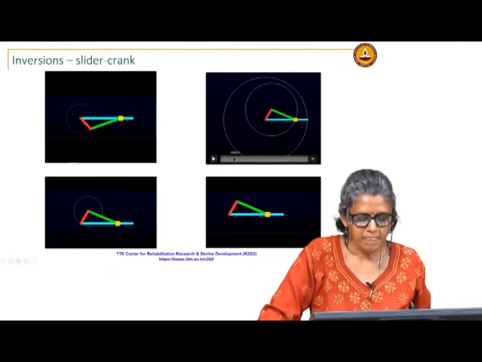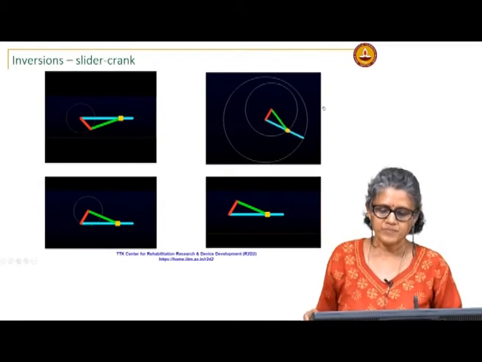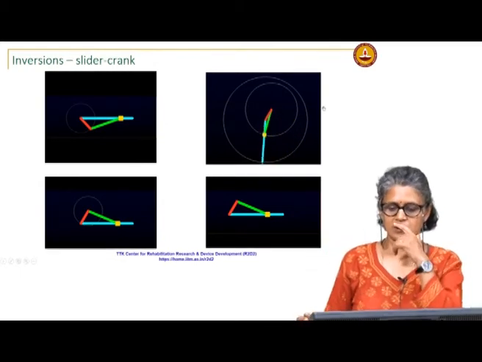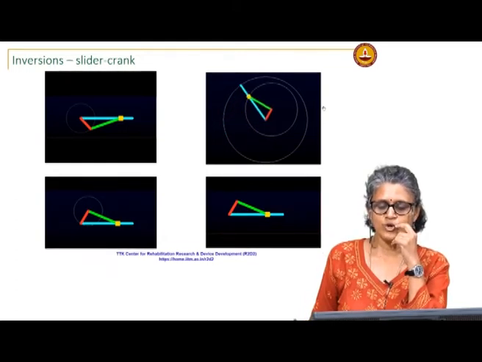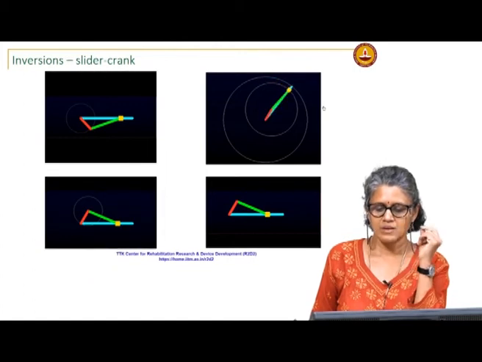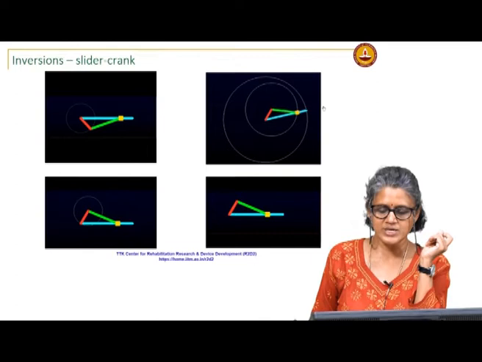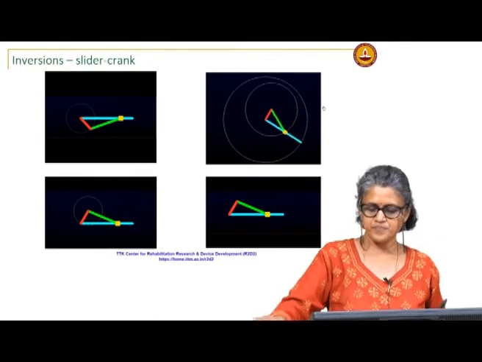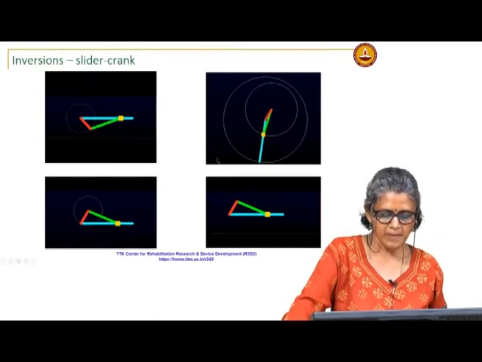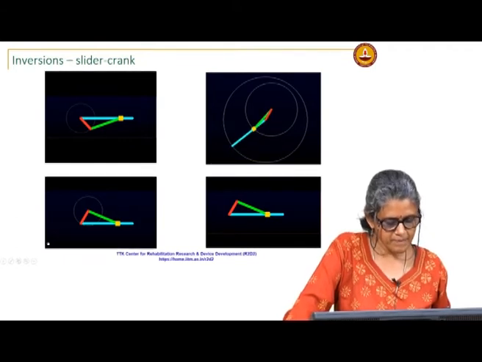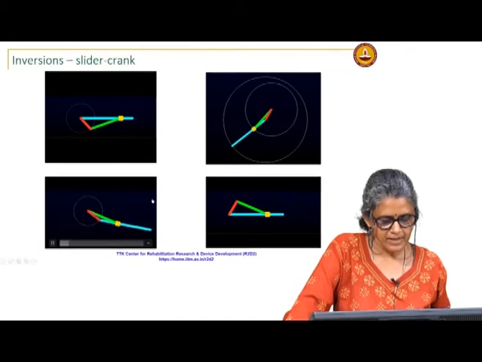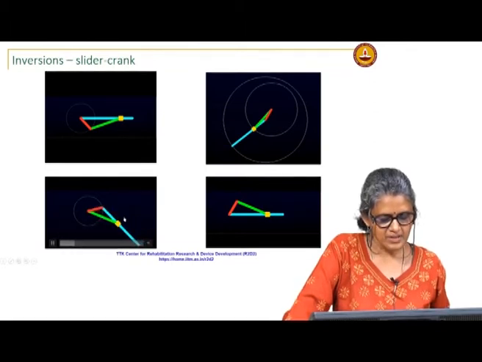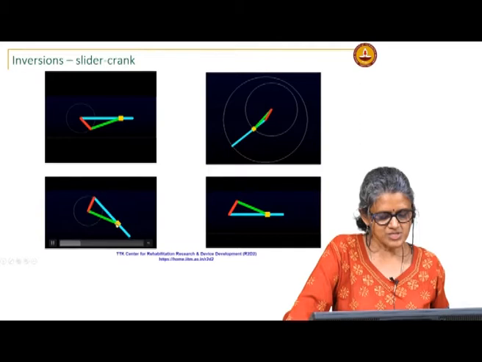Then here you see that the slider block has more complex motion. Here the shortest link is fixed. Then in this case this link is fixed, the link to which the slider block pivots.